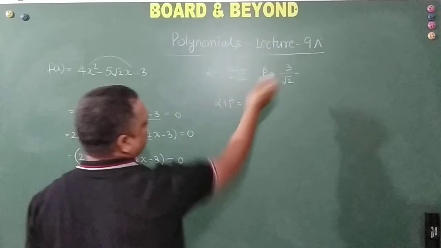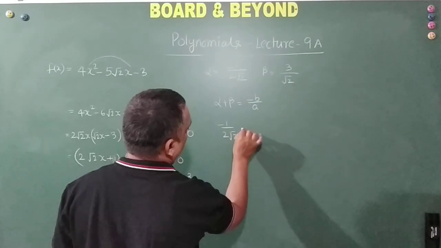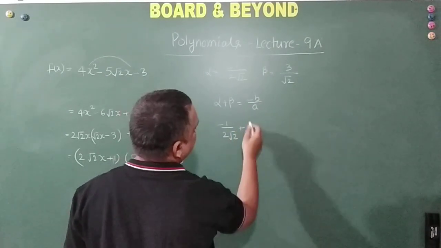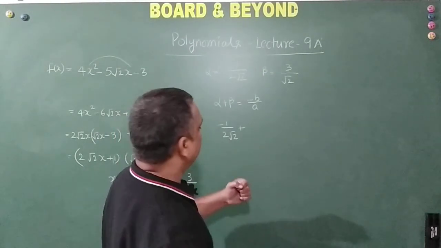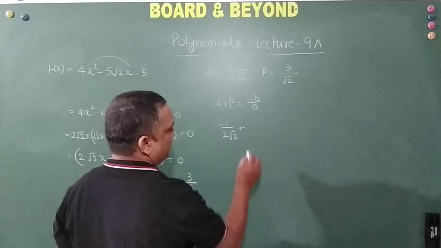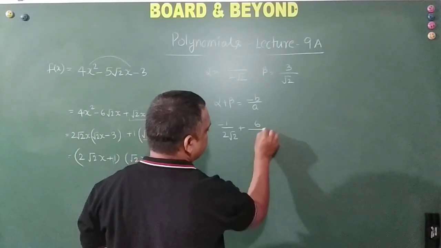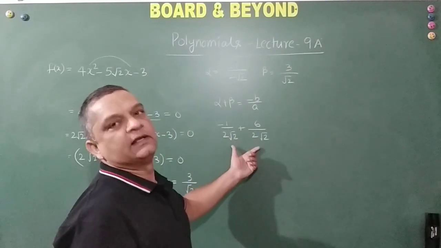Let's do alpha plus beta here, which is minus 1 divided by 2 root 2 plus beta is 3 by root 2, friends. Okay. So what I do is I multiply 2 in the numerator and the denominator. Okay, it doesn't make a difference. So I write it as 6 by 2 root 2 so that it becomes easier for me to take an LCM.